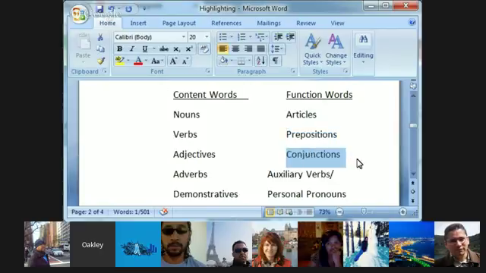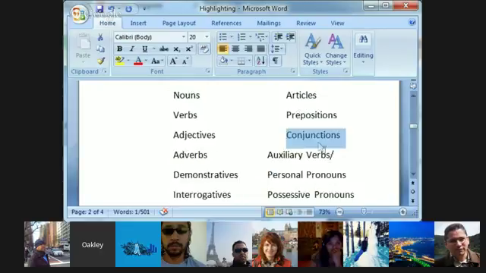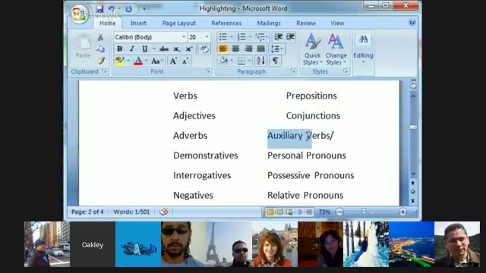Conjunctions, joining, whether they're coordinating conjunctions like and, but, so, for, or even subordinate conjunctions: while, when, as, because. They join two clauses together. These are what conjunctions do, and they're also reduced.